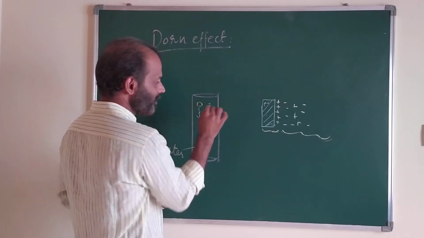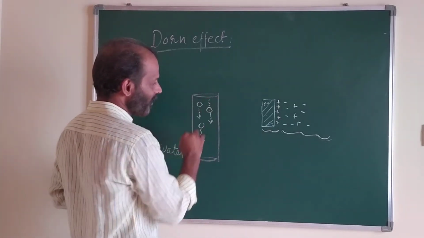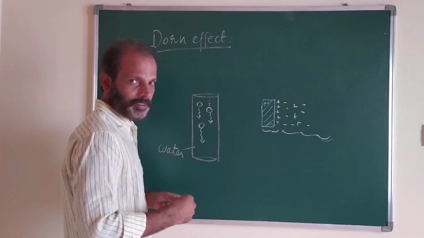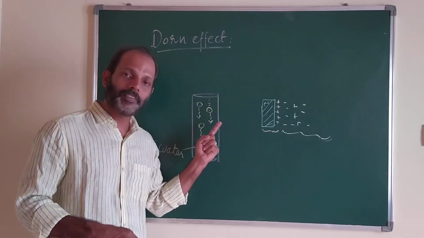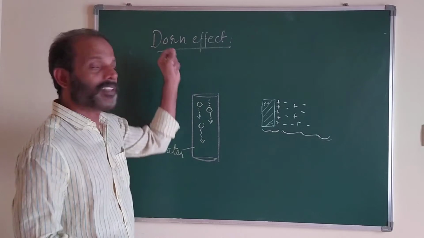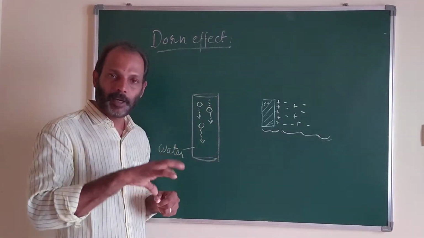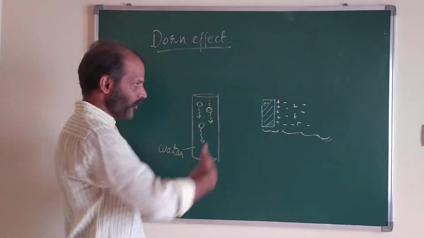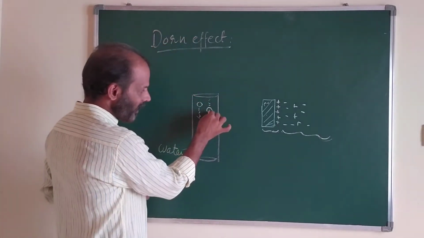Suppose it is a positively charged colloid. Then obviously the remaining diffuse part has a negative charge, right? If the colloidal particle has a positive charge, then the fixed layer is positive, and the diffuse layer has the opposite charge, and suppose it is moving.